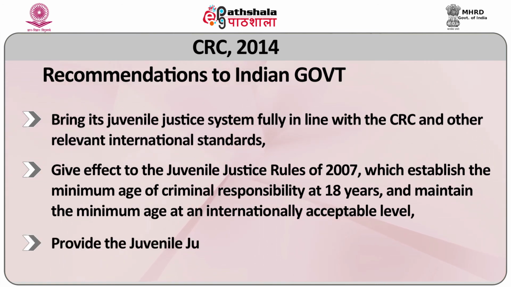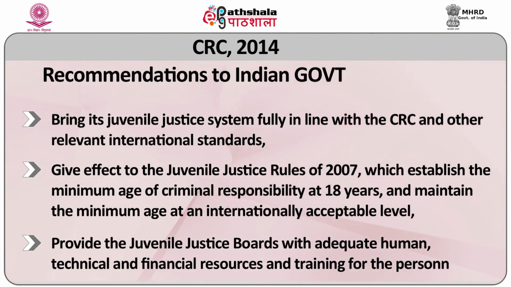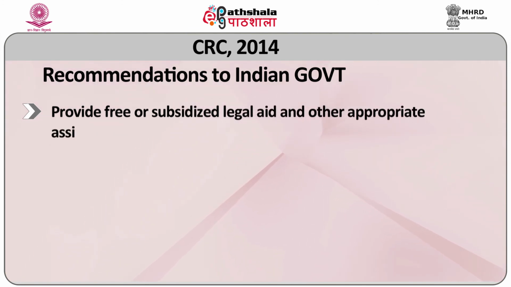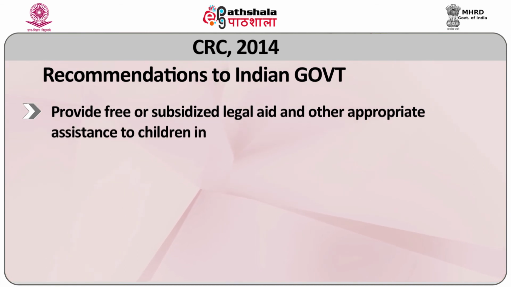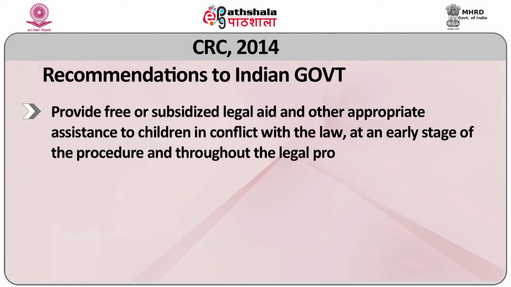Thirdly, provide the juvenile justice boards with adequate human, technical and financial resources as well as training for the personnel. Fourthly, provide free or subsidized legal aid and other appropriate assistance to children in conflict with the law at an early stage of the procedure and afterwards throughout the legal proceedings.